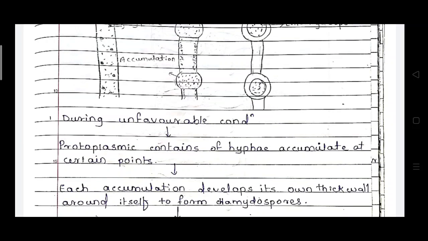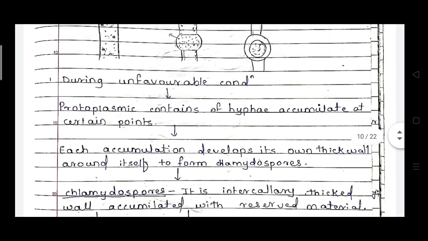During unfavorable conditions, the protoplasmic contents of the hyphae accumulate at a central point. Whatever protoplasmic material is inside the hyphae will be accumulated at one point or at the center. And each accumulation develops one thick wall around itself to form chlamydospores.